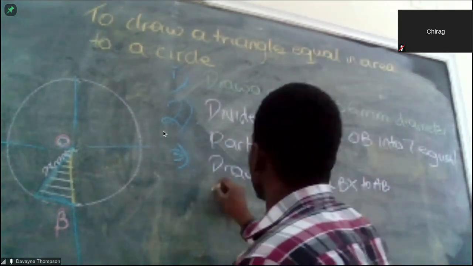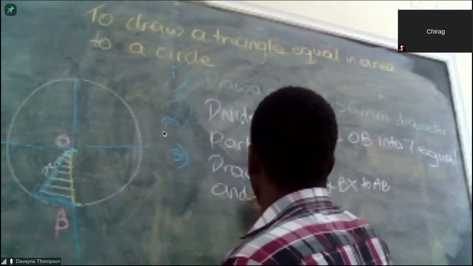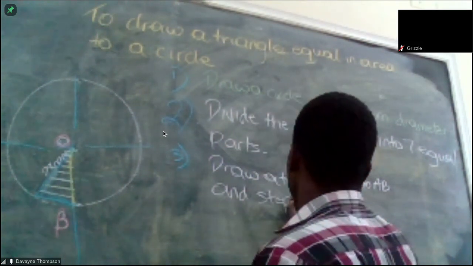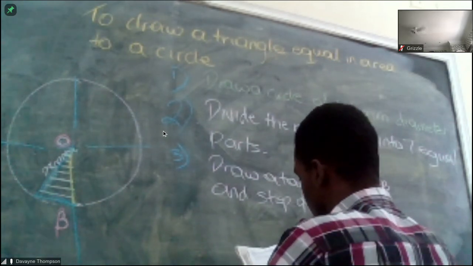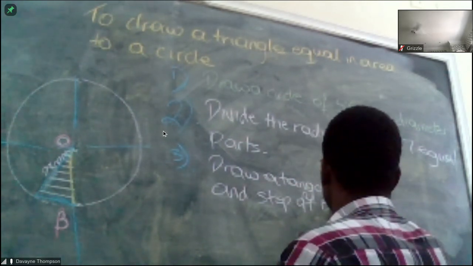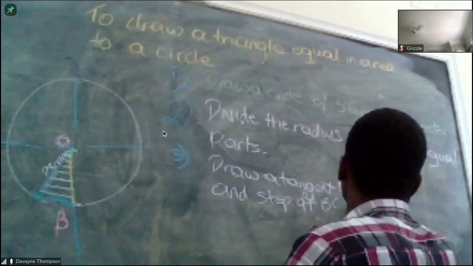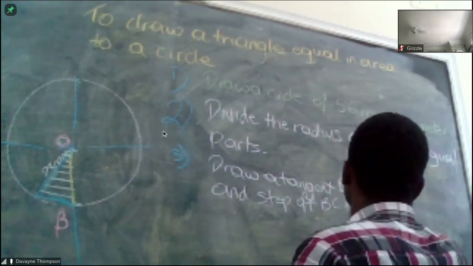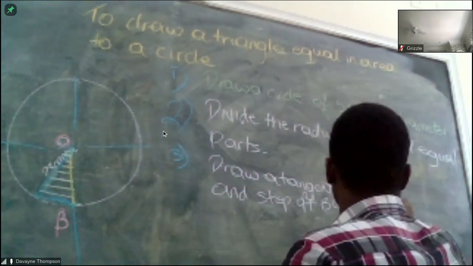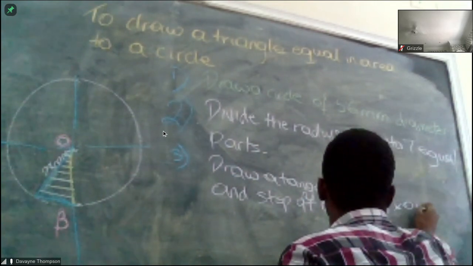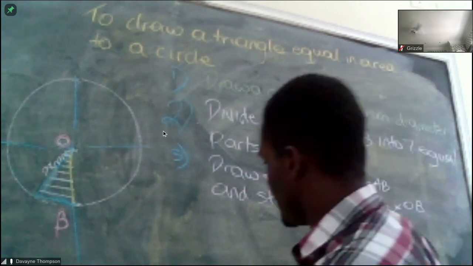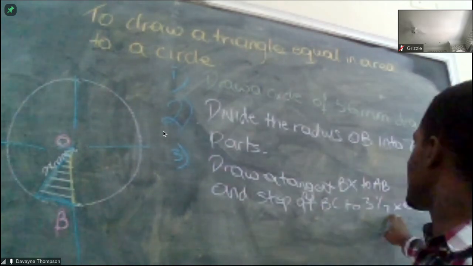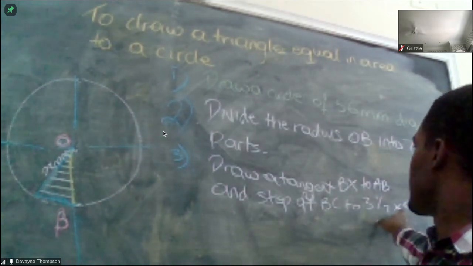Draw a tangent BX to AB and step off BC to 3 1/7 times OB. Okay, 3 1/7 of OB.